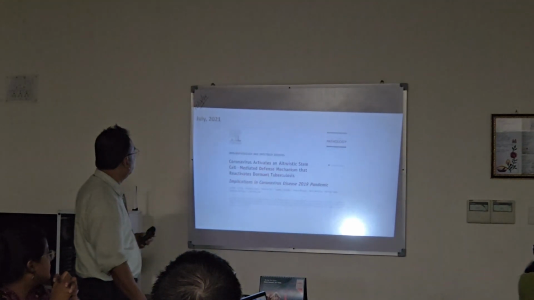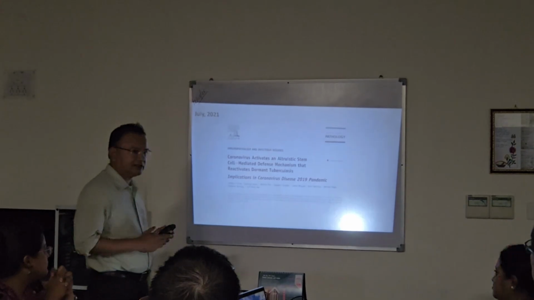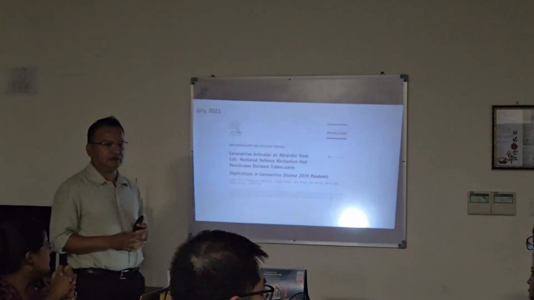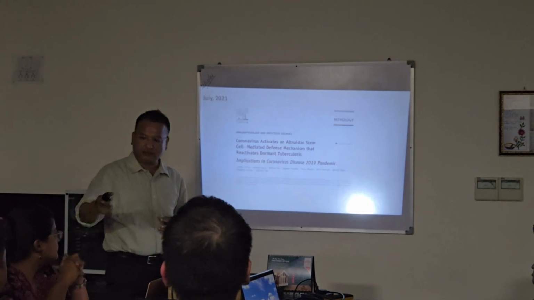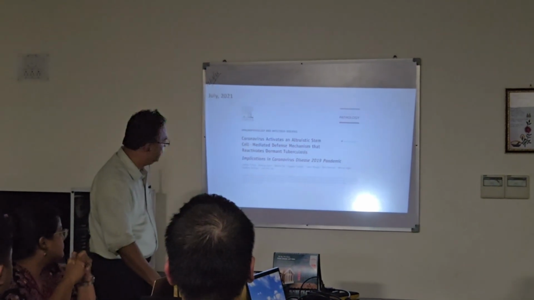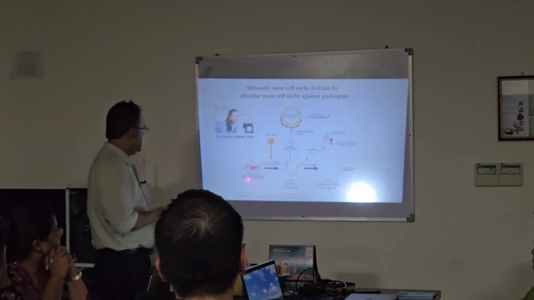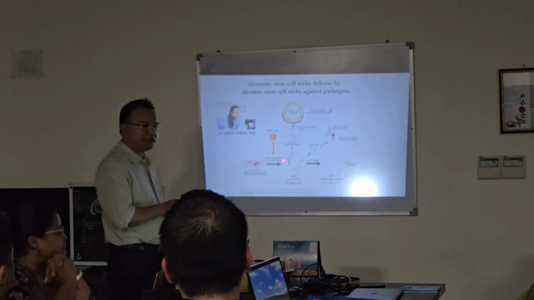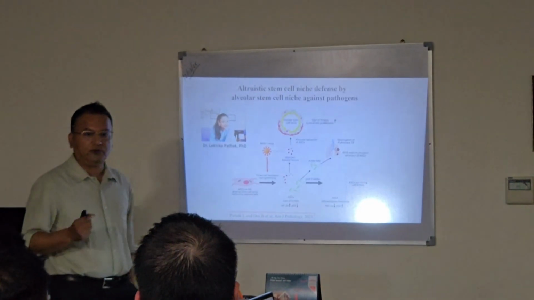Then in July 2021, we developed a model of coronavirus infection with TB infection of mesenchymal stem cells in the lung. This was done by Letika. She's sitting here, and this is the overall scheme. Here, I want to spend 1 minute. These are mesenchymal stem cells recovered from the lung.